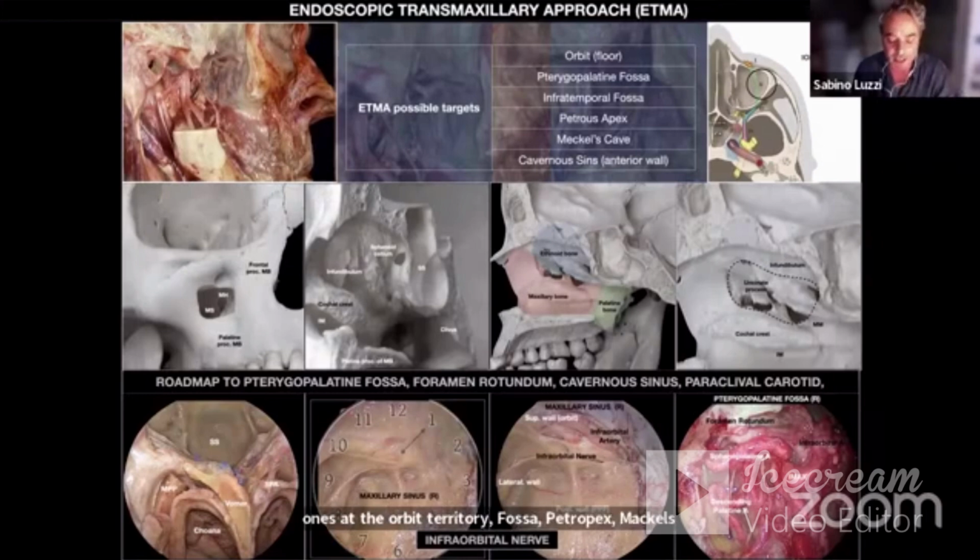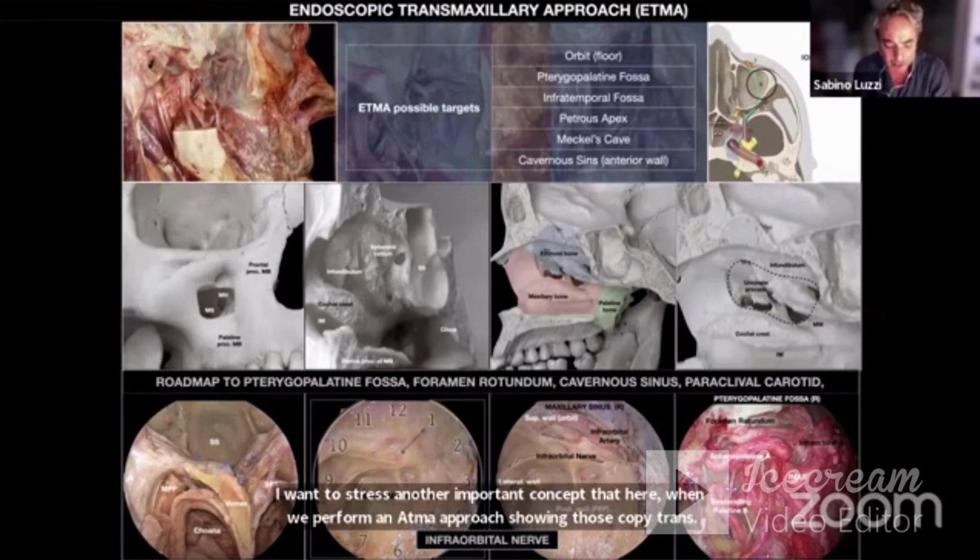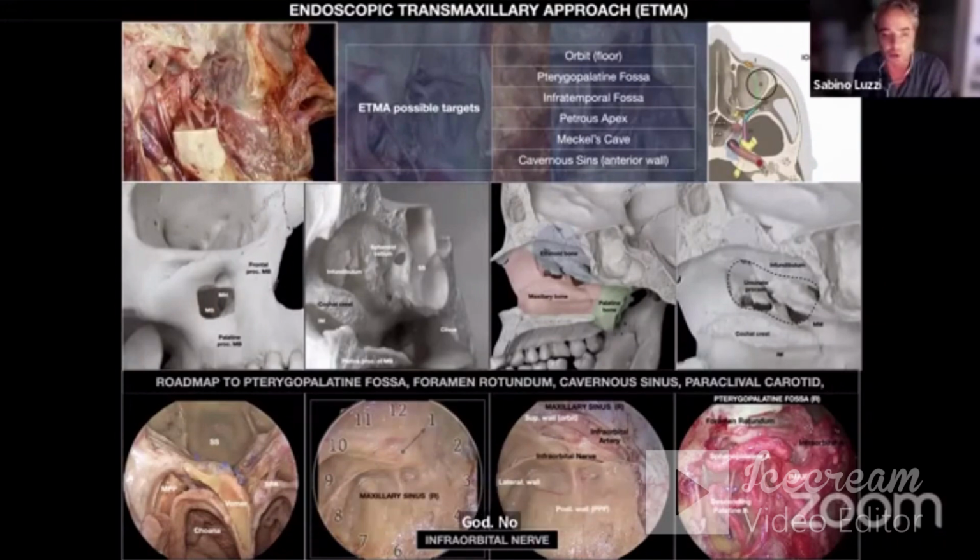And I want to stress another important concept. When we perform an ETMA approach, so endoscopic transmaxillary approach to the cavernous sinus, the inferior aspect of the orbit, as I just showed, Professor Ture's group recently also described an approach like the endoscopic one, but probably better from a different point of view, that can be performed with microscope, with transmaxillary.